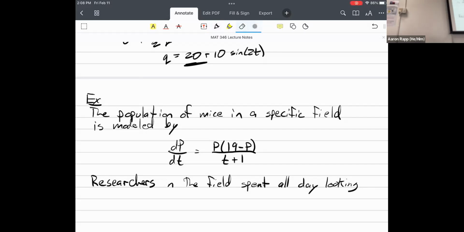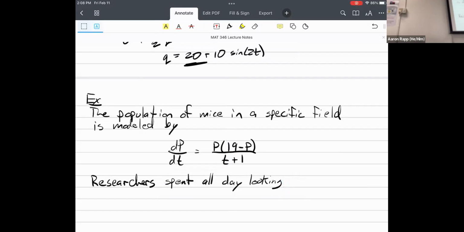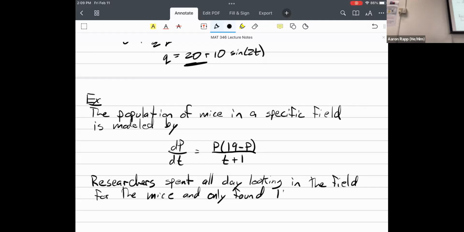So based on the model, let's say they found 10 on that particular day.